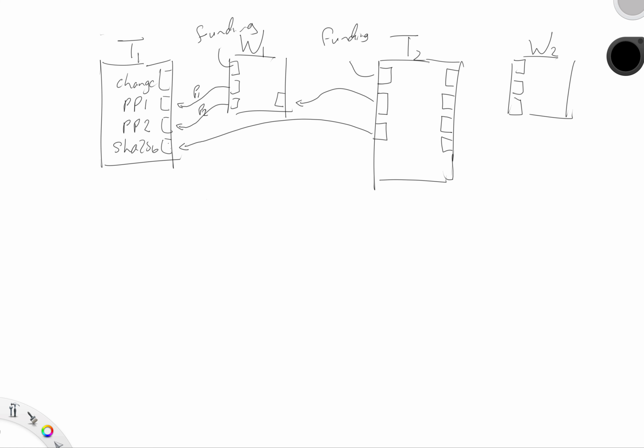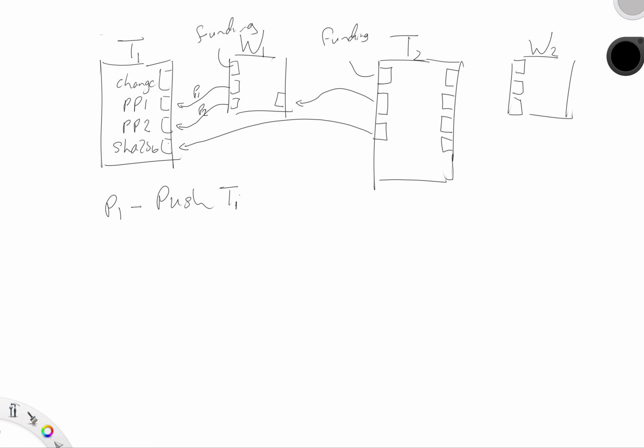Thank you. So the first thing you need to know about PP1 here is what P1 essentially does. This is going to sound a little weird, but we push T1, but not here.